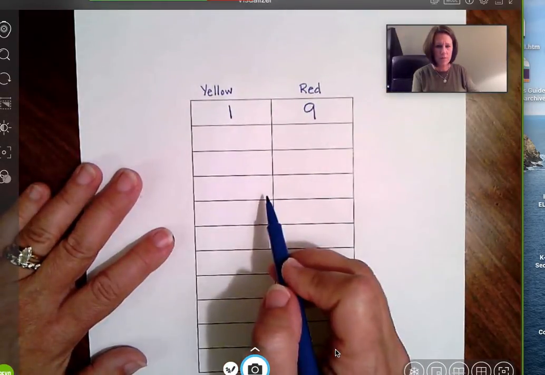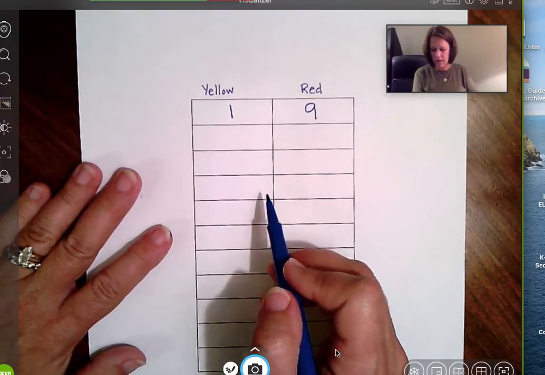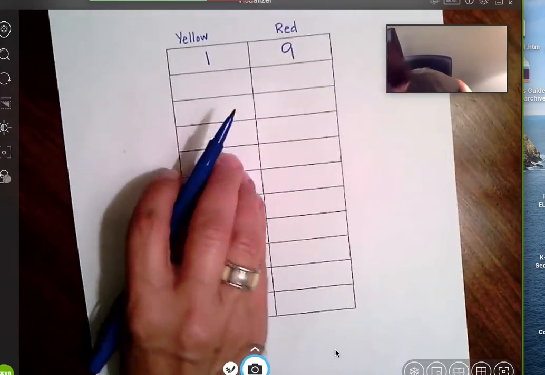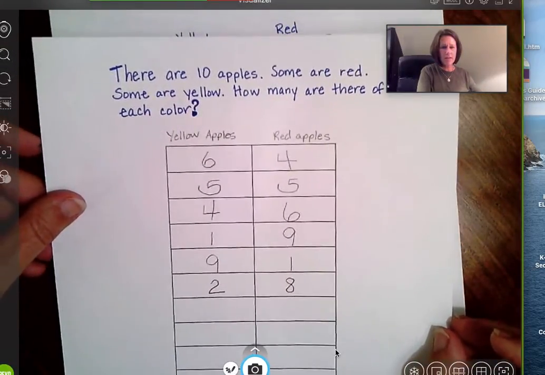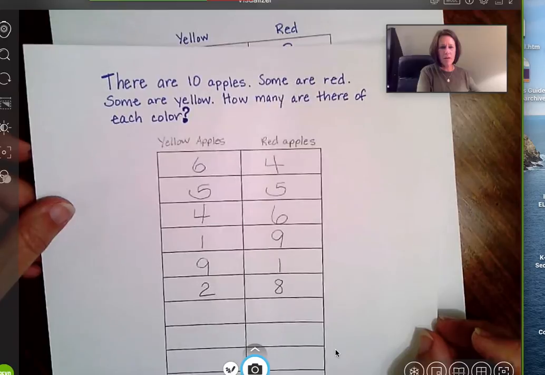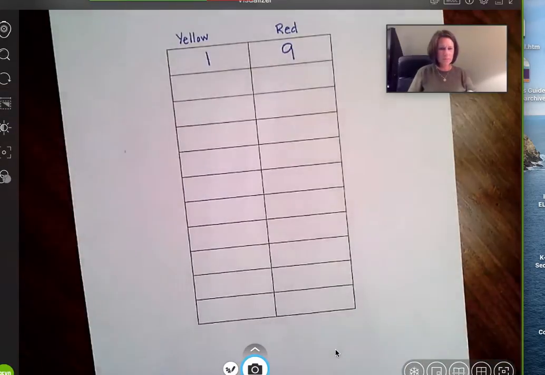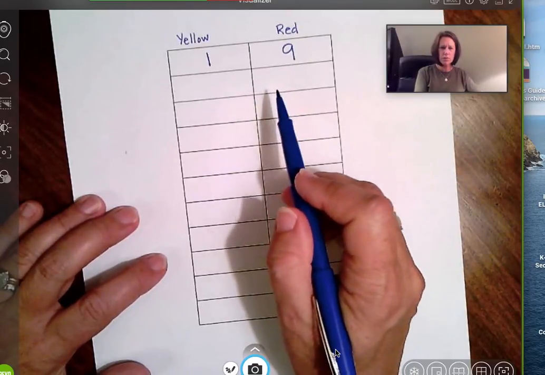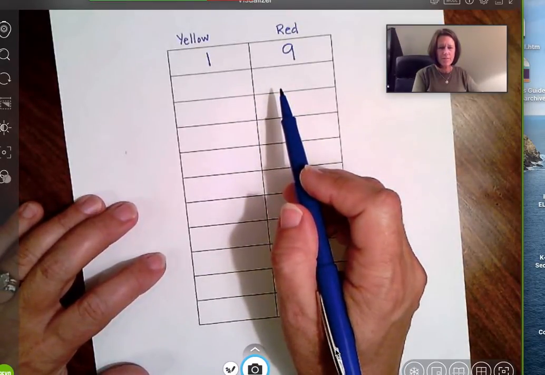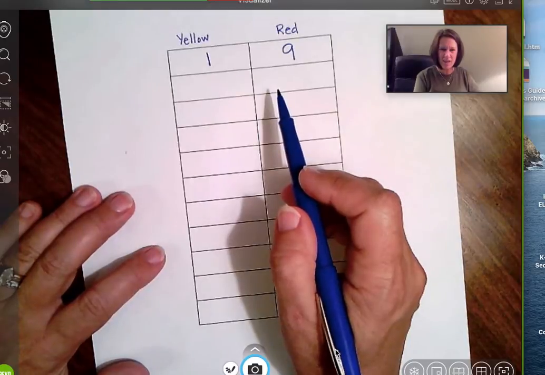These are our apples. We're saying the question asked us right here. It says there are 10 apples. Some are red and some are yellow. How many are there of each color? You think I should use the turnaround rule? I could try that, but that got kind of confusing last time.